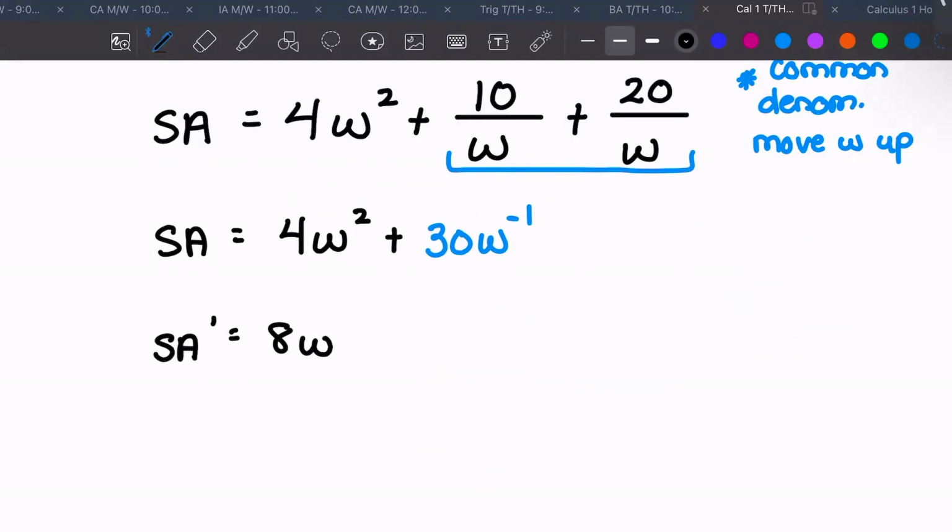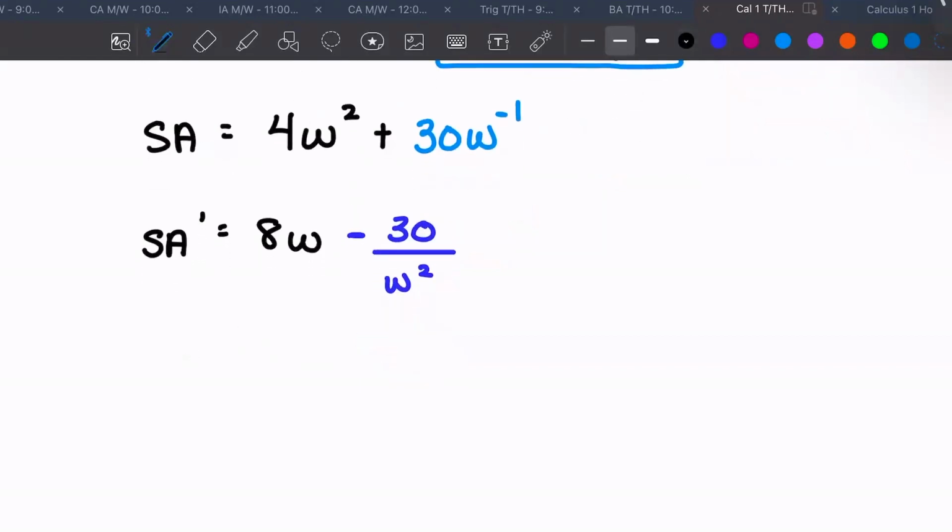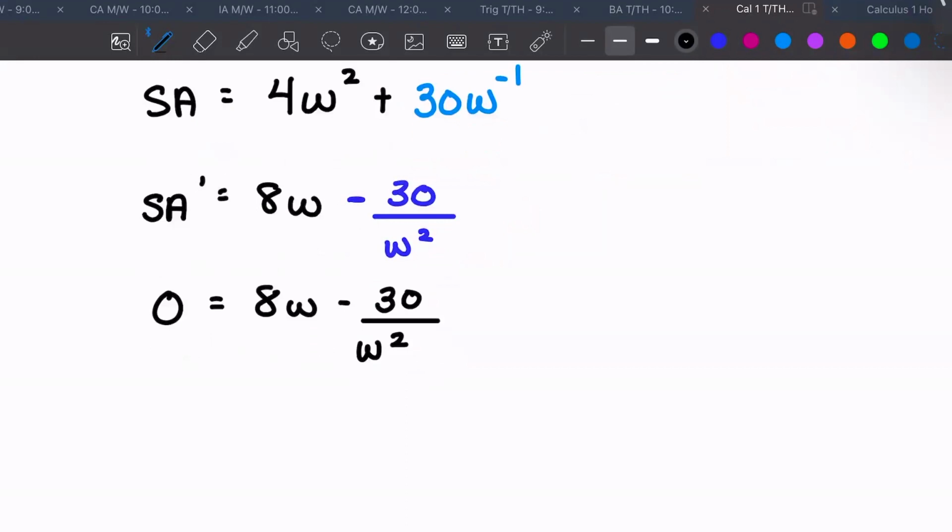So I would move that W to the negative second to the bottom. Okay, so I'm going to do that all in one step. Minus 30 over W squared. It's the same thing I did for the last problem. Set it equal to 0. And solve.